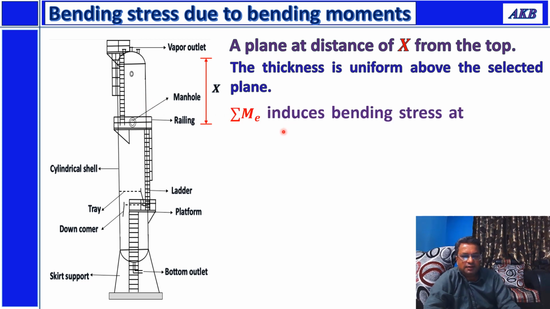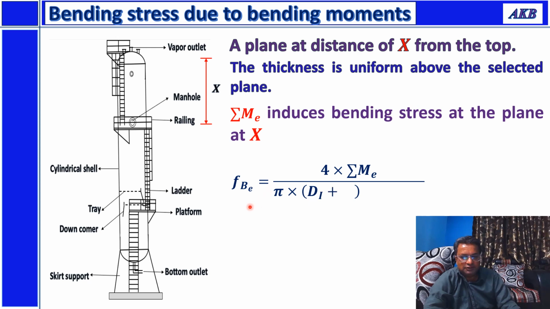So the total bending moment due to all eccentric loads induces bending stress at the plane X, and this bending stress is given as f_BE. Bending stress due to eccentric load is equal to 4 into the summation of M_E, that is the summation of bending moments due to all eccentric loads, divided by pi into (di plus ts) into ts into di.